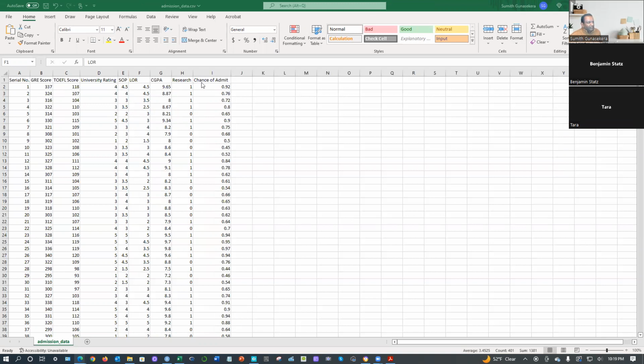Let's say chance of admit being explained through research. Before that, they're going to come and ask, okay, I have done research. Then we're going to say, okay, you have a chance of this much, not that much, based on whatever model we're going to get. For the first person, whoever did research, his chance of admit is almost 0.92.